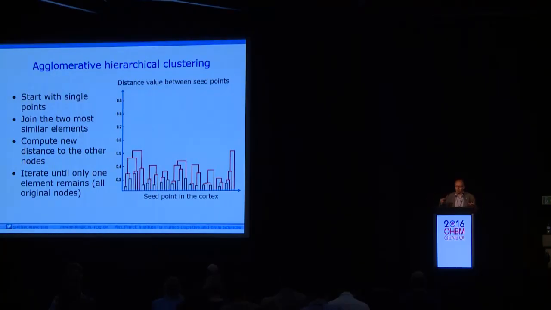So they are joined together, they build up bigger regions, and we compare them again to the neighbors. This is what is called agglomerative hierarchical clustering, and we build up the whole tree in this way.